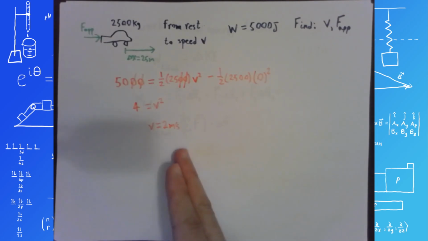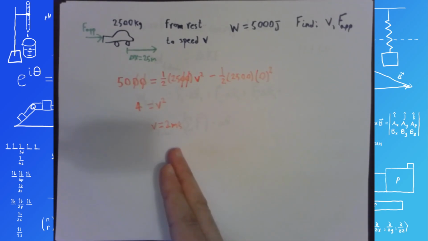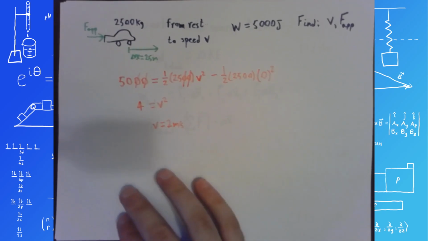Anyway, back to the problem. So we got v equals 2 meters per second, and we did it the easiest way possible.